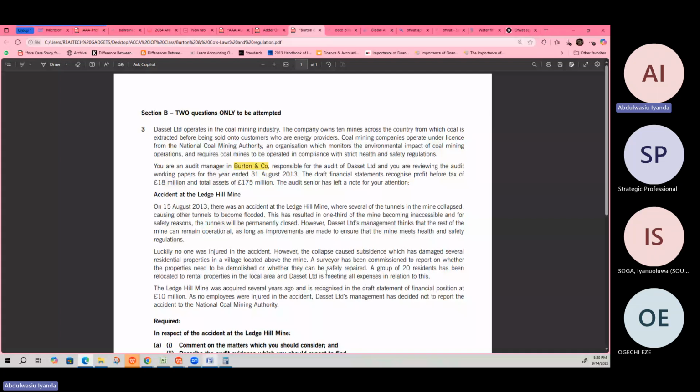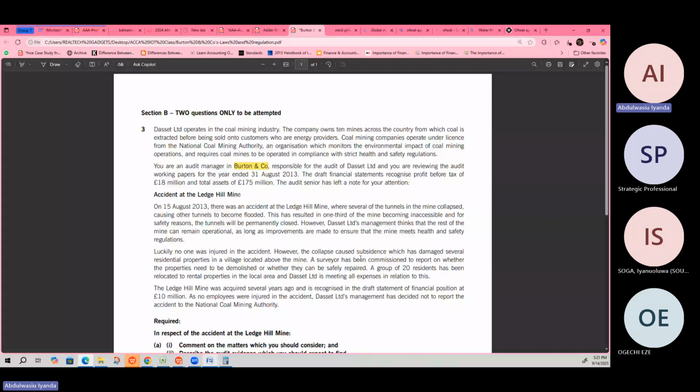And responsible for the audit of this company, and you are reviewing the audit working paper for the year ended August 31st, 2013. The draft financial statements recognize a profit before tax and total assets. The audit senior has left a note for your attention. So there was a certain incident that occurred.